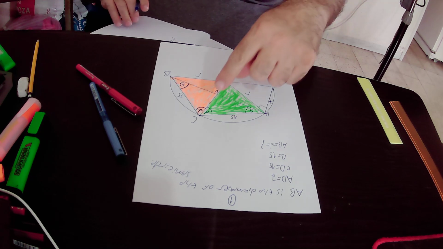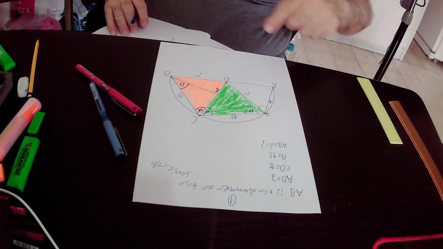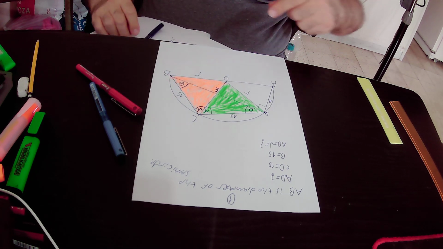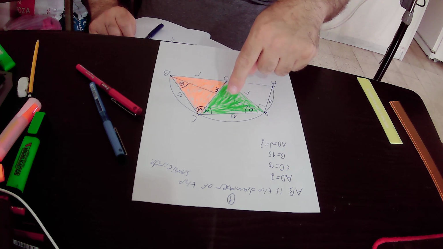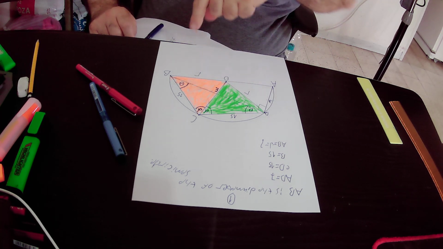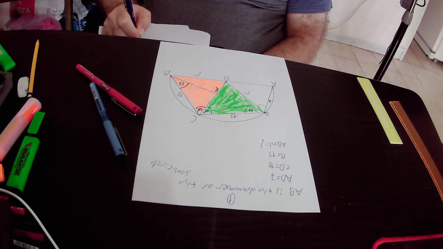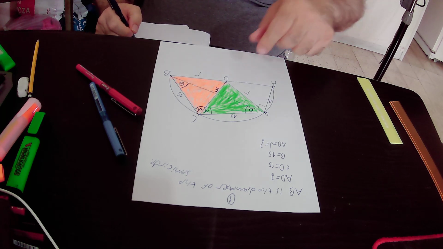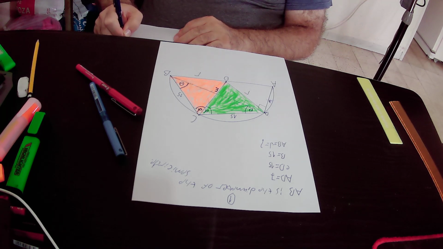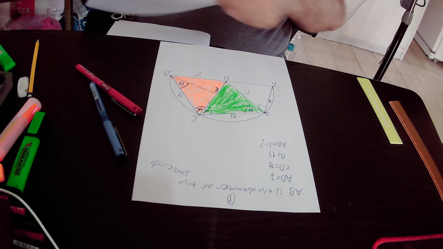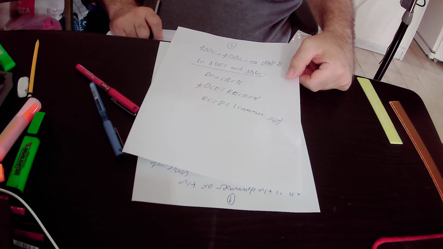And also side EC is a common side. It belongs both to the green triangle, and side EC also belongs to the orange triangle. So EC equals EC. It is a common side. It belongs to both triangles.